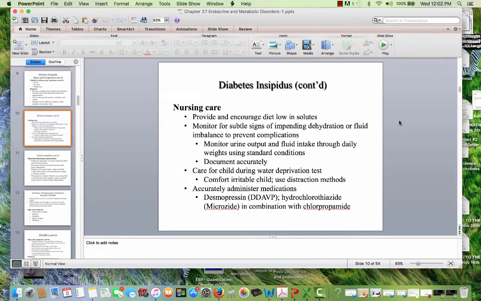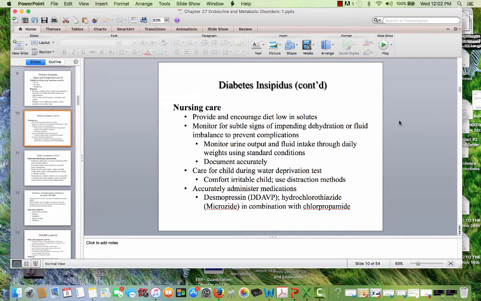Often this medication can be given intranasal, and it is commonly used for those who do not have a nephrogenic diagnosis of diabetes insipidus.